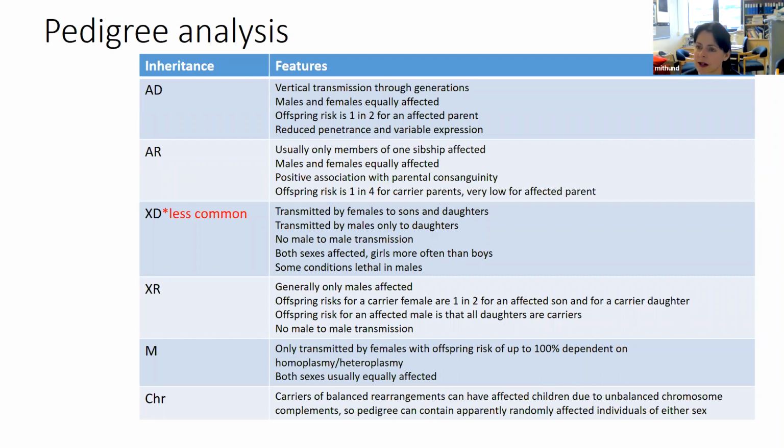The other type of inheritance pattern you may see in family histories is where there's a chromosomal abnormality. Last week we talked about translocations, and that you can transmit something like a Robertsonian translocation in multiple generations. If the individual themselves is a balanced carrier, then phenotypically they're normal.